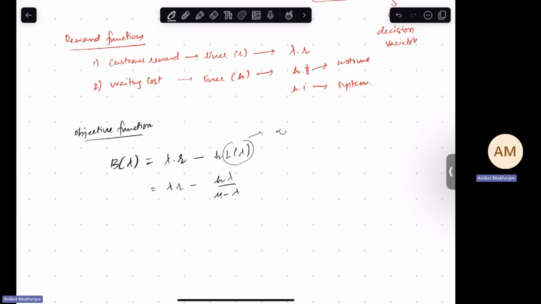So the optimization problem that we are trying to work on would be: maximize b lambda such that lambda belongs to 0 comma mu.